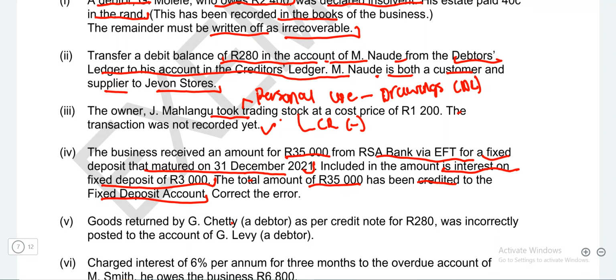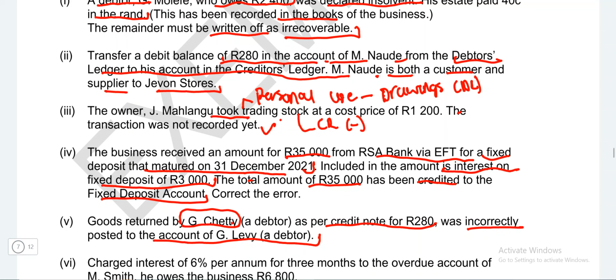So let's check who returned the goods. The goods were returned by GGT. Very important for us to know that. They're saying that the credit note for 280 was incorrectly posted to the account of G Levy, who is the debtor. So in other words, G Levy's account was decreased.